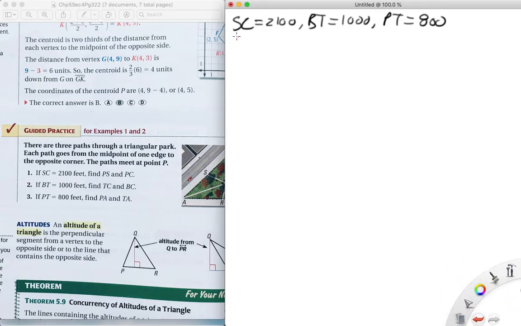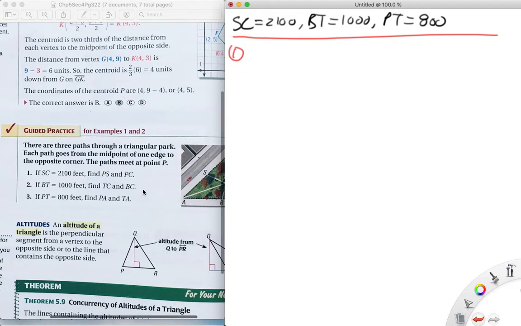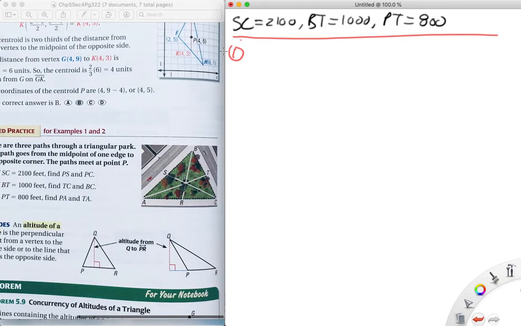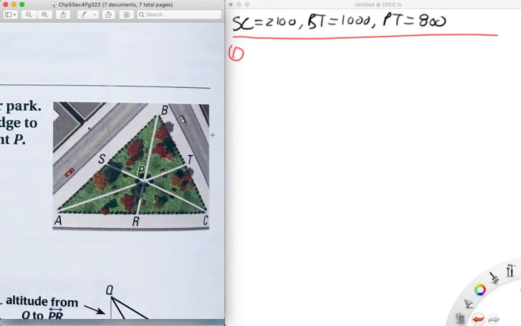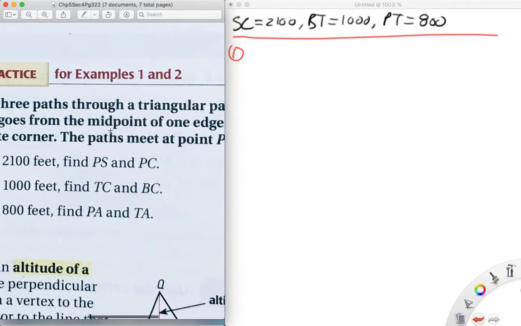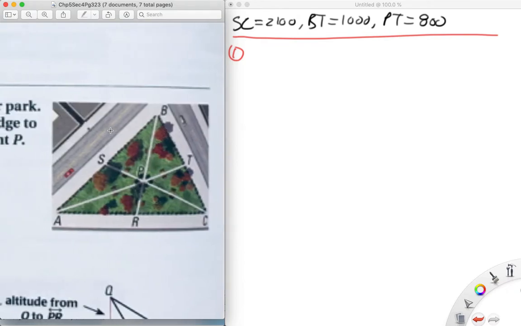So number one, they want me to find PS and PC. All right. So they give me SC, which is the entire median. I am told that they're medians, right? Yeah. Which is the entire median.